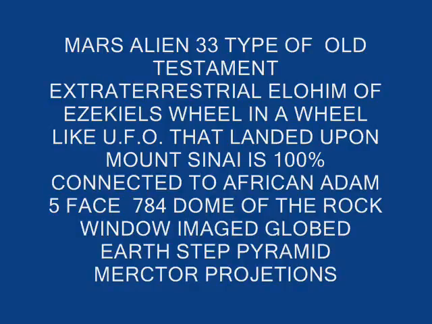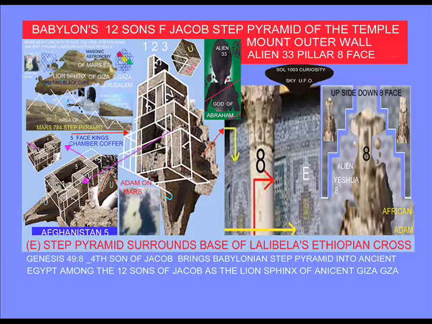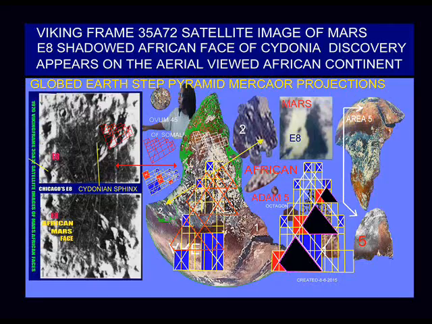So, when we look at the Mercator projections of the first black man in Africa, what we're looking at is, if you stand in front of the African pyramids in Egypt and look straight forward at them, you're going to see 1, 2, 3 triangles. You get it now?